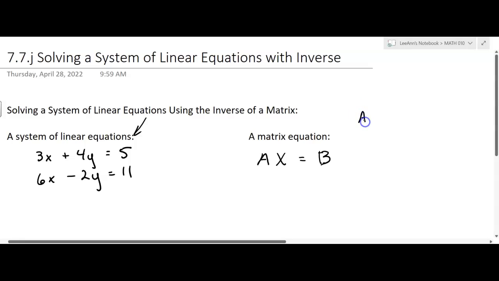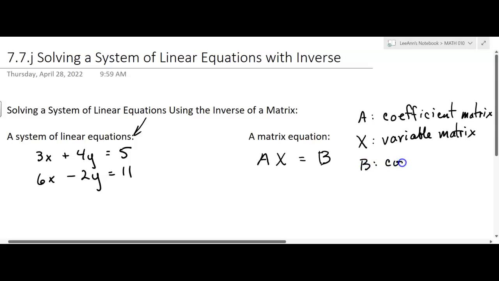Okay. A, that's going to be called the coefficient matrix. Capital X is called the variable matrix. And B is going to be called the constant matrix.